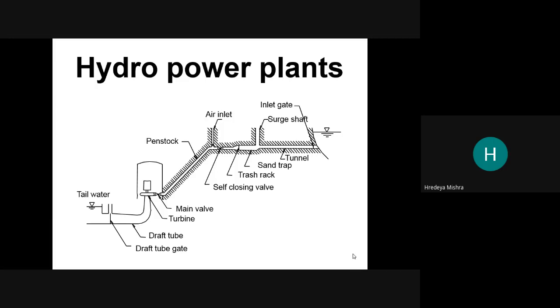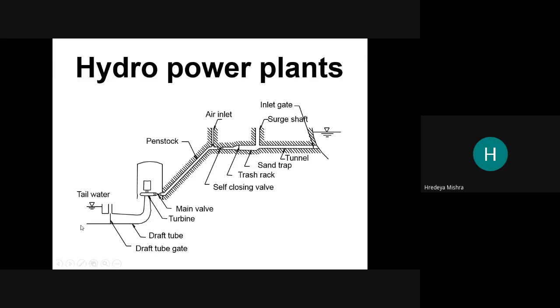Okay, so classification of the turbine, because the turbine is the main component in a hydraulic power plant, means power generation from the water. Turbine is the main component. So here, see, this is the penstock, and now we better know what the penstock is. Penstock is nothing but a pipe by which water is supplied to the turbine.